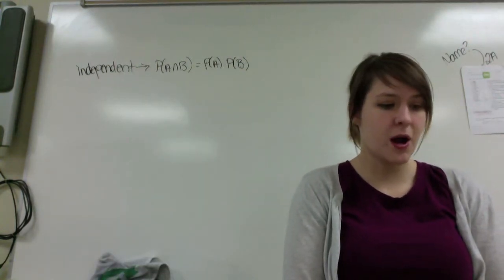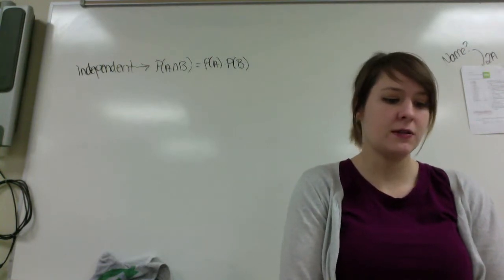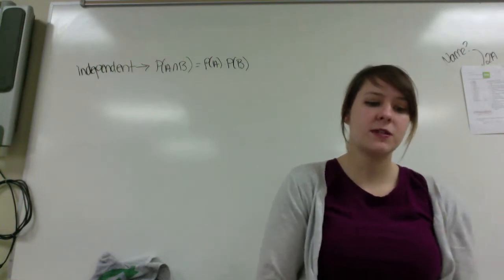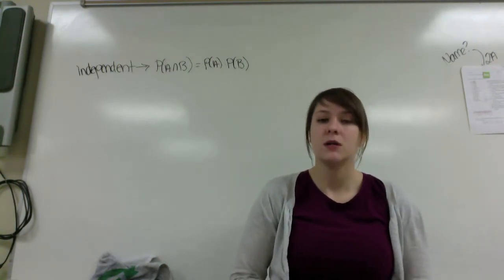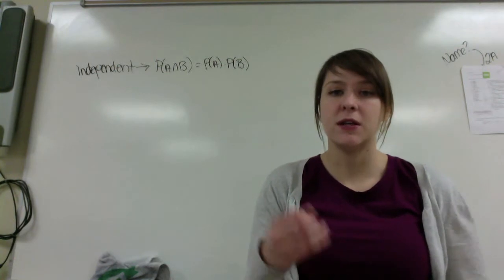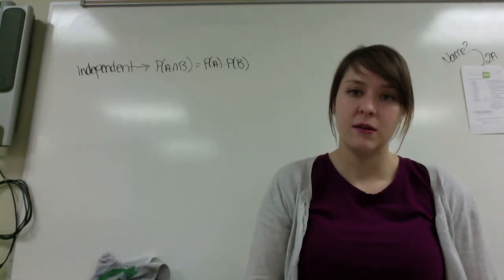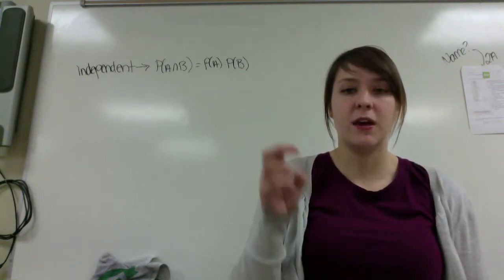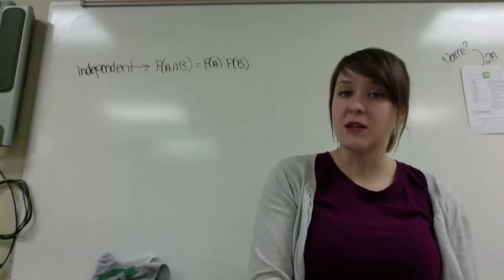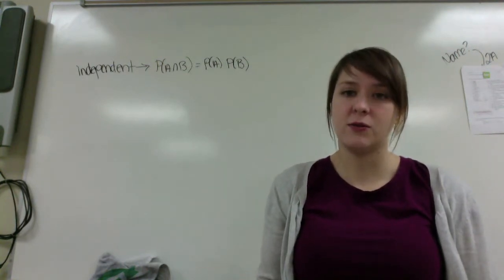Alright, so let's look at problem number 5, which says, consider two trials of rolling two dice. Let A equal getting a sum of 6 on the first trial and B equal getting a sum of 8 on the second trial. Essentially, I've got two dice and I'm going to roll them and roll them again, and it's asking what is the probability of getting a sum of 6 on the first roll and then a sum of 8 on the next roll.